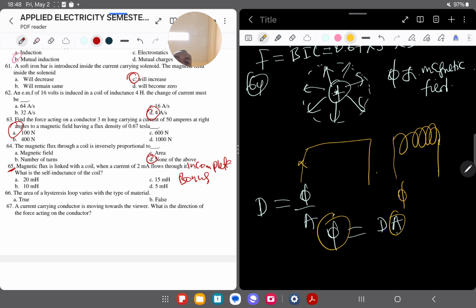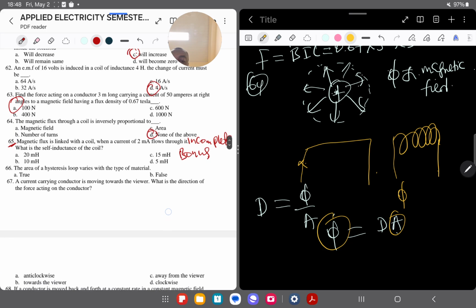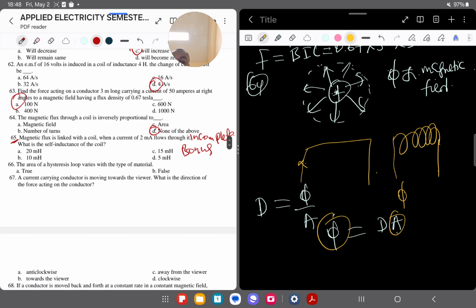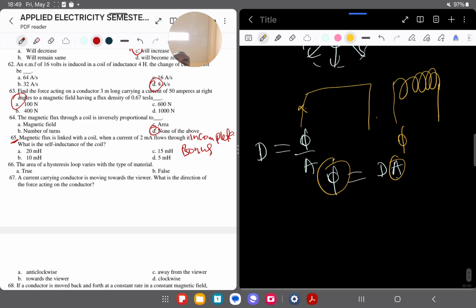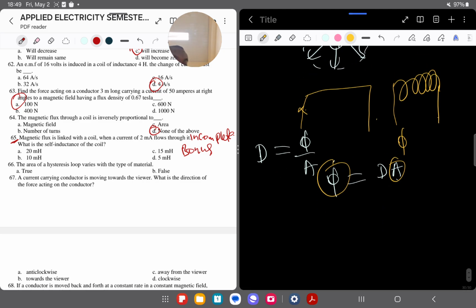Now moving to question 66. The area of a hysteresis loop varies with the type of material, true or false. Yesterday we looked at a hysteresis loop, right? The area varies with the type of material. Yes.